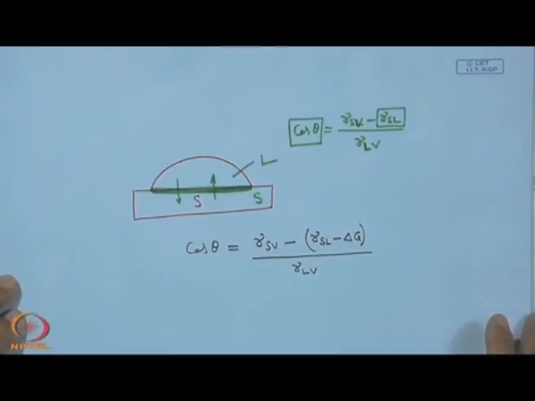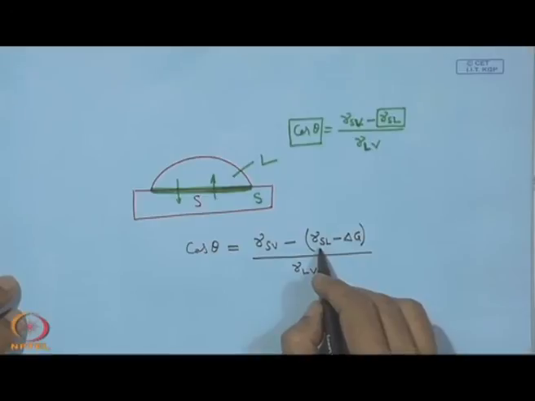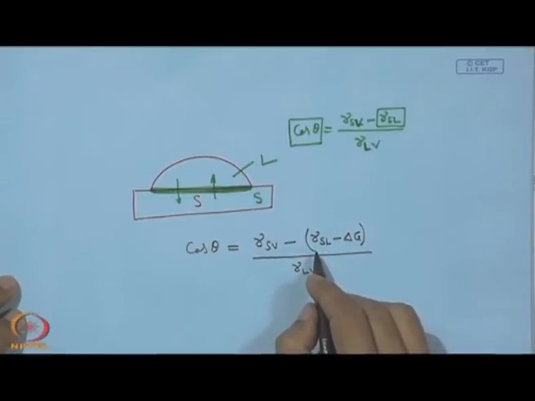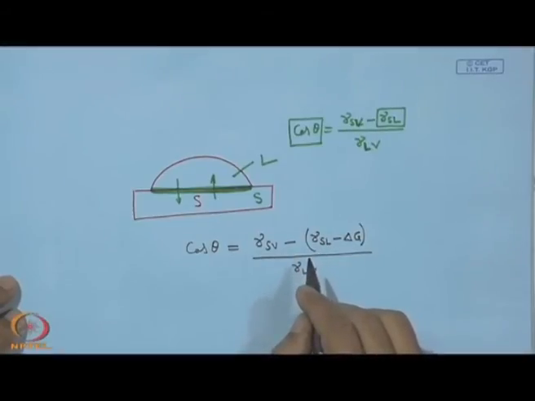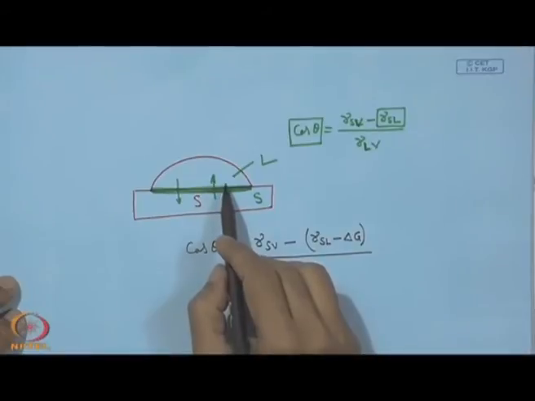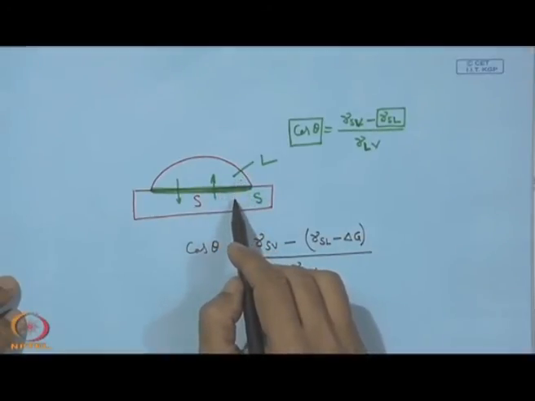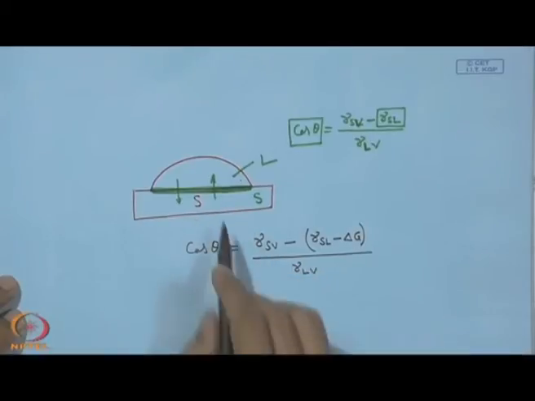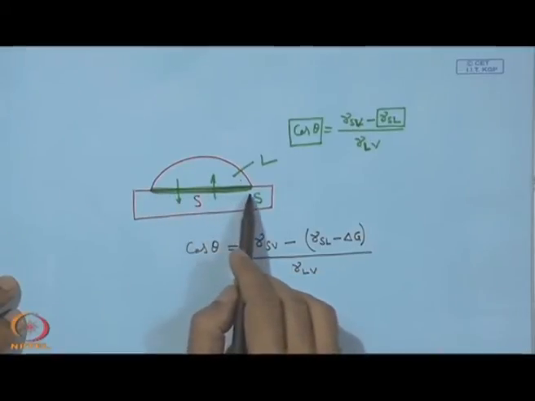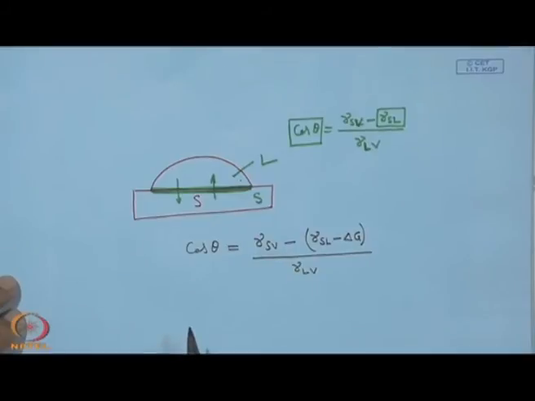So, what we can achieve is that the original value of gamma SL can be drastically reduced if we have some kind of reactivity between this liquid and this solid, thereby changing the surface chemistry of the solid.